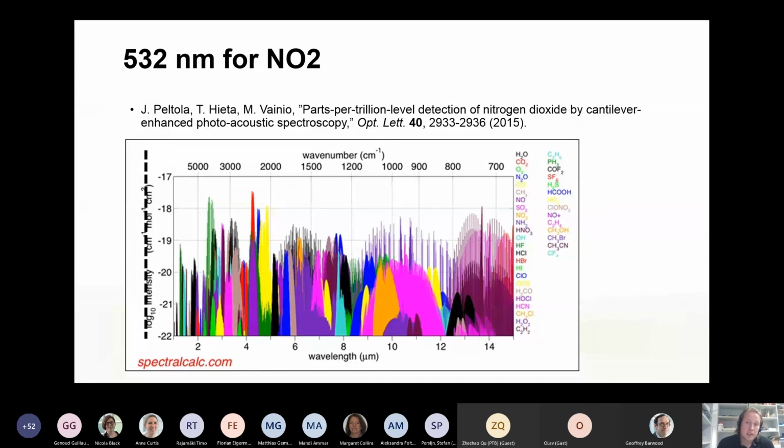So in that sense, I would say it's quite special compared to many other molecules. There are, of course, molecules such as oxygen that can be measured close to 760 using the so-called A band, but more commonly, laser-based techniques are used in the overtone region close to 1.5 micrometers.